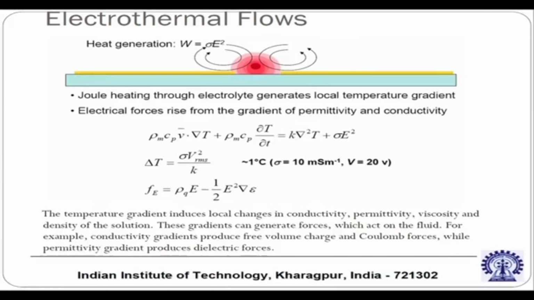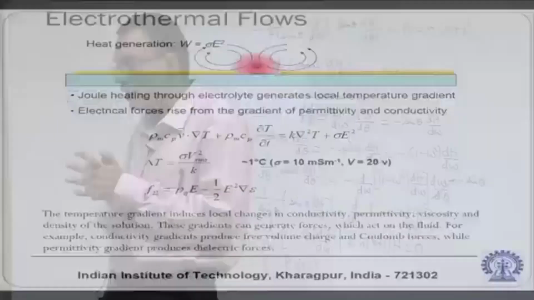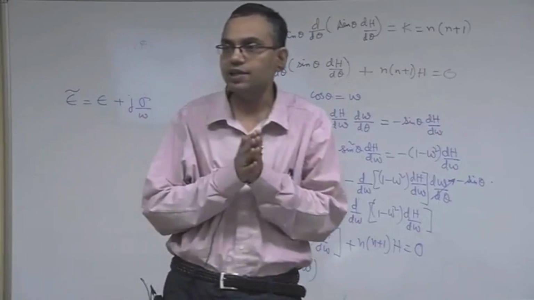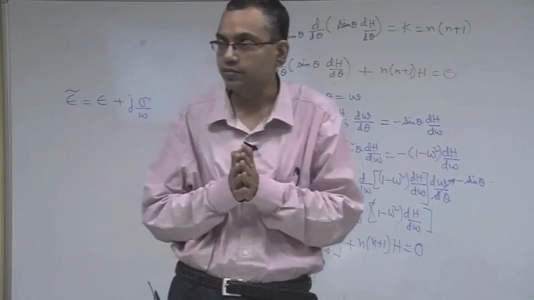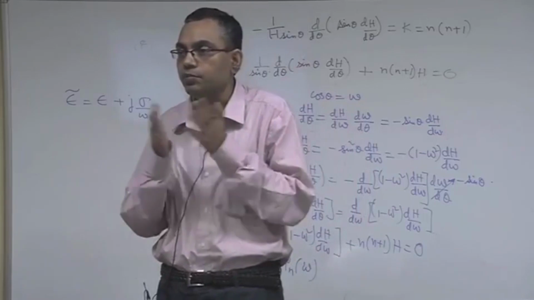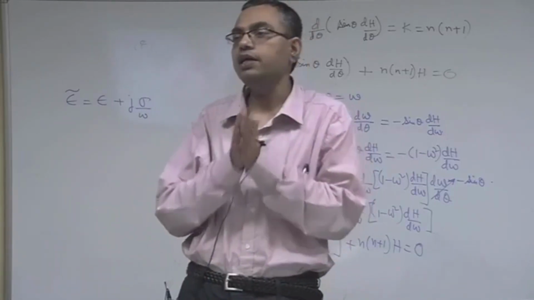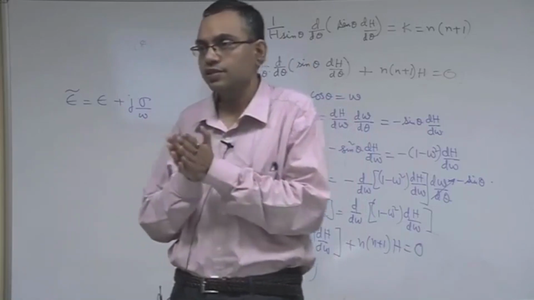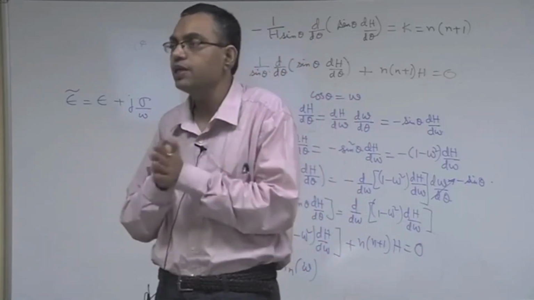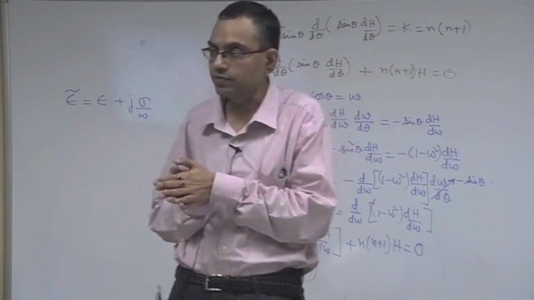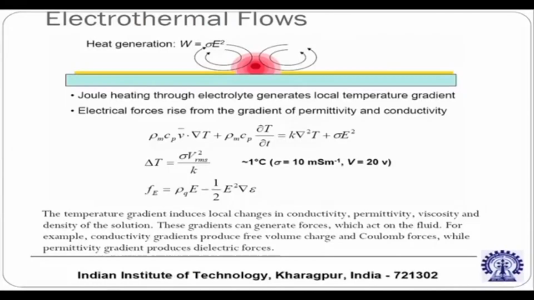Permittivity is a function of temperature, so if the temperature changes you can have a body force. From our exposure to heat transfer, I call it something very much similar to natural convection: you have a temperature gradient, and the temperature gradient can give rise to certain body forces. Those body forces are because of gradients in certain properties as a function of temperature. So the temperature gradient induces local changes in conductivity, permittivity, viscosity and density.